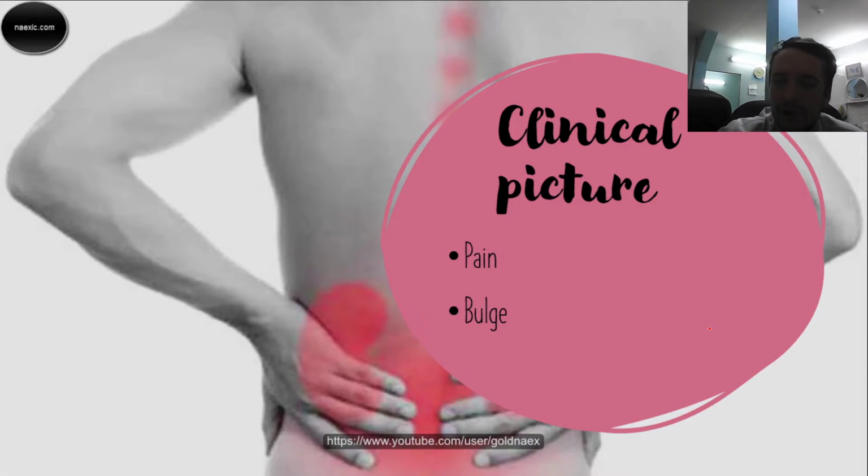Clinical picture: pain, bulge. When we see a patient, they will tell us that they feel growing pains. We will see under the pubis a tumor, something like a tumor, something big.